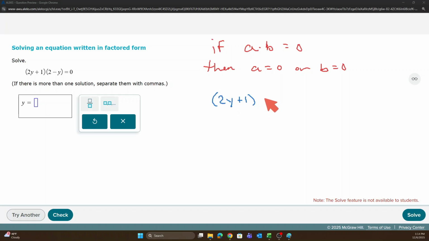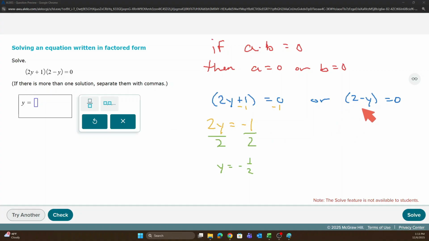What we want to say, based on this rule that we have up here, is that 2y plus 1 equals 0 or 2 minus y equals 0. Now, if the first one's true, if 2y plus 1 equals 0, 2y equals negative 1, we just subtracted 1 from both sides, and we can divide out 2 on both sides, and we get y equals negative 1/2.